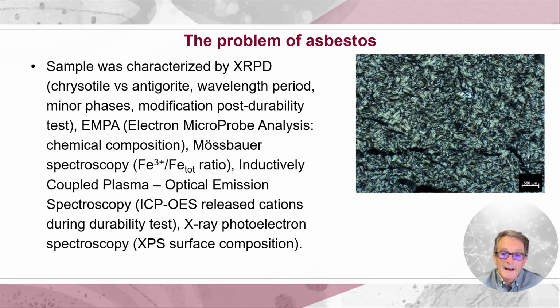Electron microprobe analysis, EMPA, was employed to determine the chemical composition, while Mossbauer spectroscopy provided the iron 3+ over iron total ratio. Inductively coupled plasma optical emission spectroscopy was used to measure the cations released by the fibers during the biodurability test, and X-ray photoelectron spectroscopy monitored the surface composition.